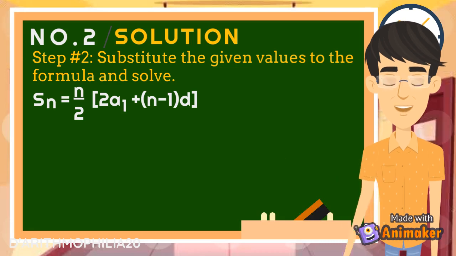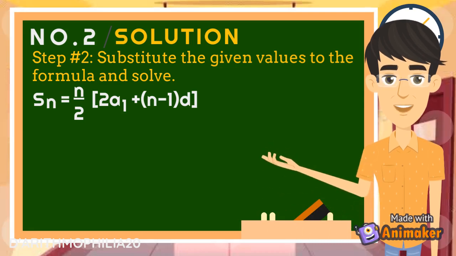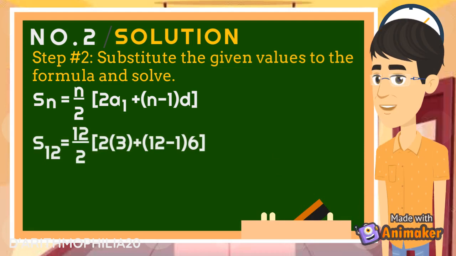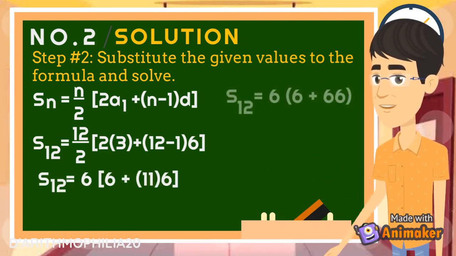Substituting all the given values to the formula, we now have S sub 12 equals 12 over 2 times the quantity of 2 times 3 plus the quantity of 12 minus 1 times 6. Simplifying this, we can get S sub 12 equals 6 as the result of 12 over 2 times the quantity of 6 plus 66, which is the product of 11 and 6.